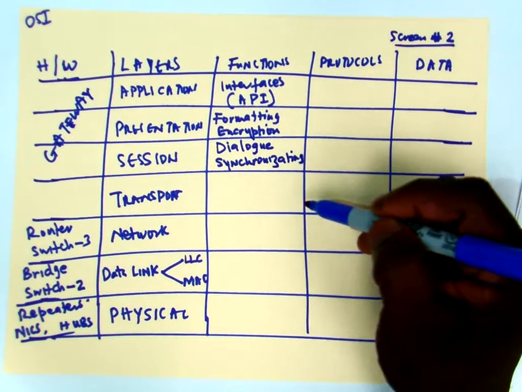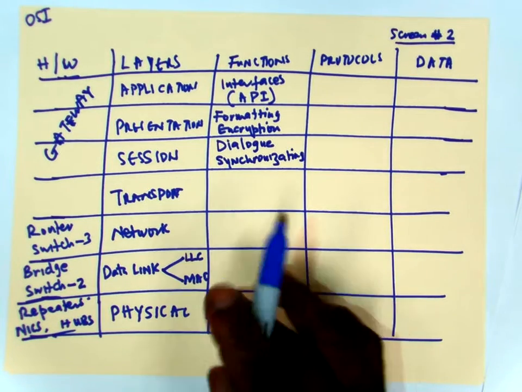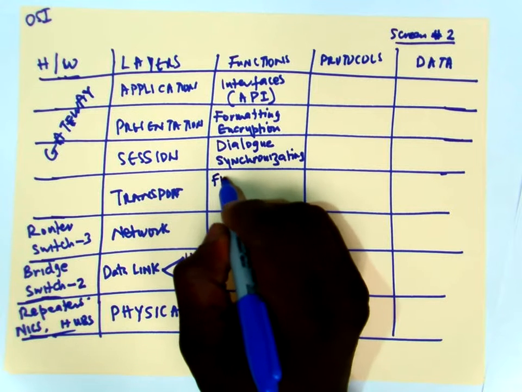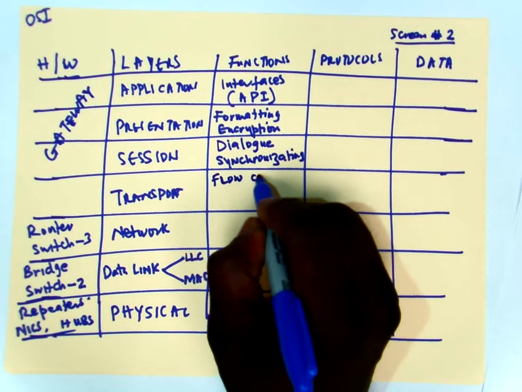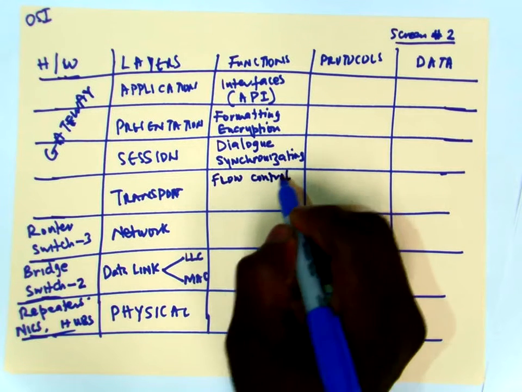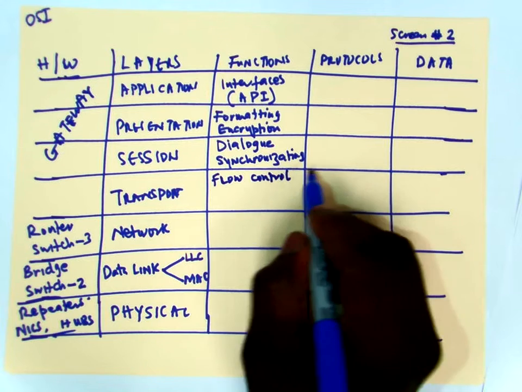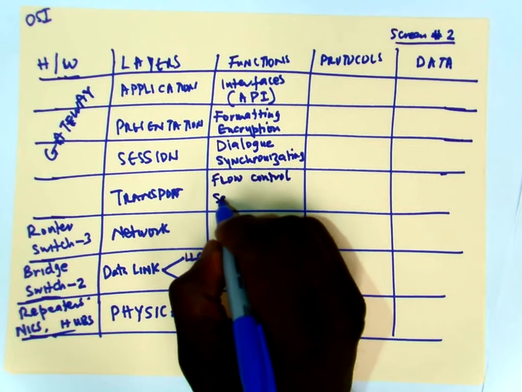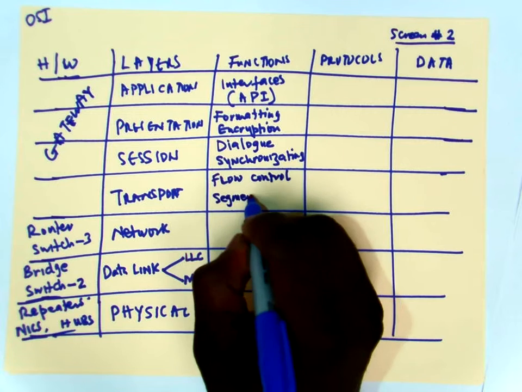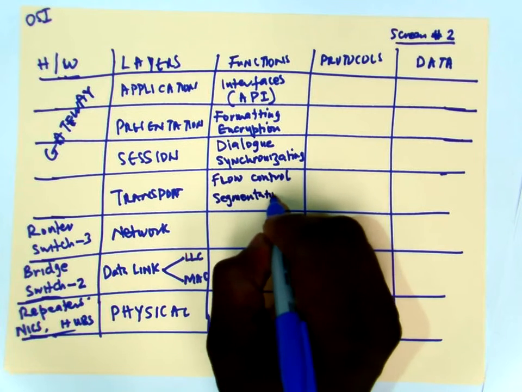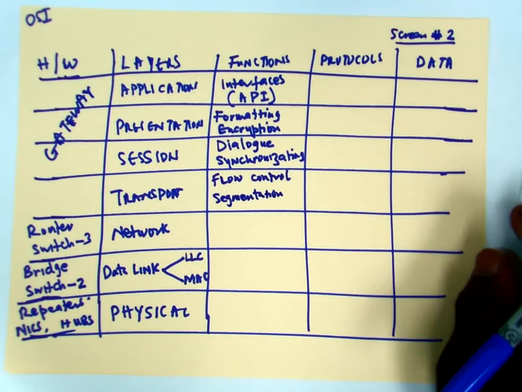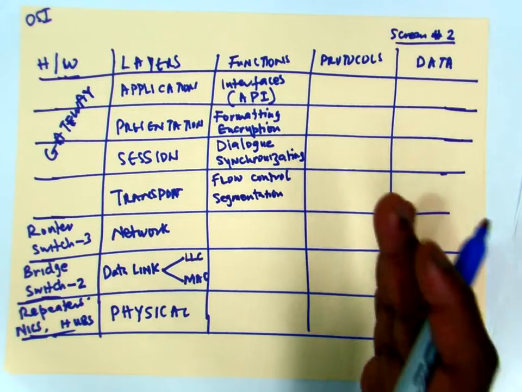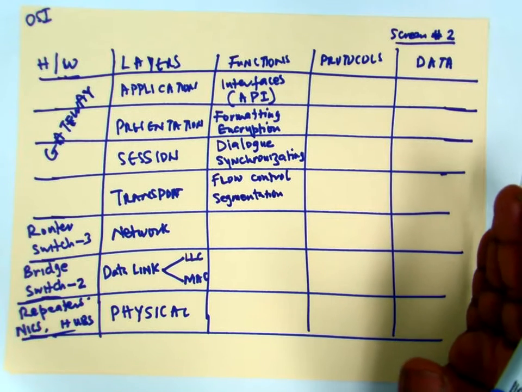Okay, right here. Then transport now, we are worried about flow control. As it goes through, we control the flow. Also, we break them down into segments, so we call it segmentation. If we have a long string of 1s and 0s, we break it down to little segments.